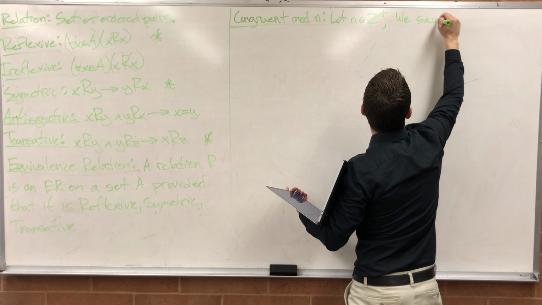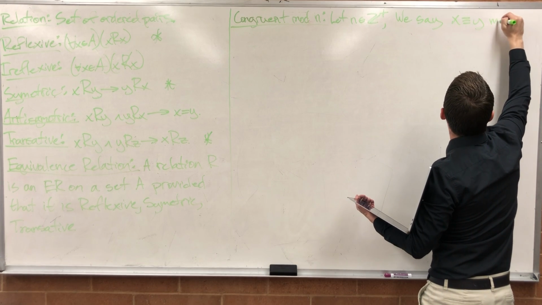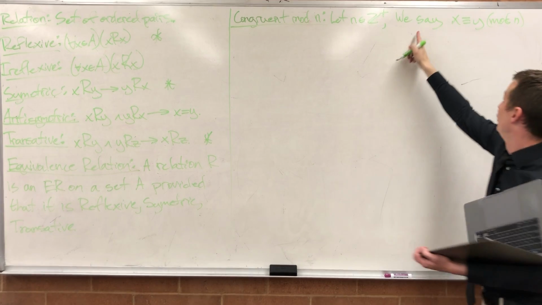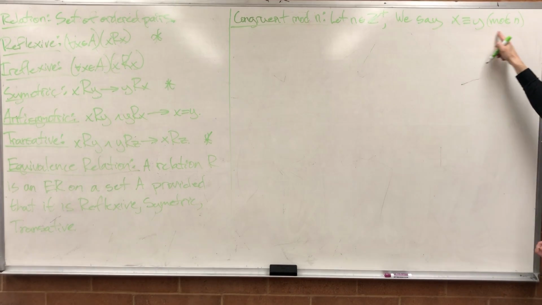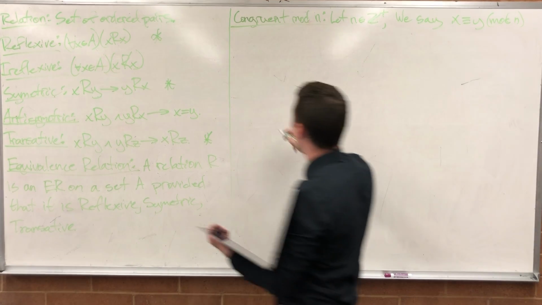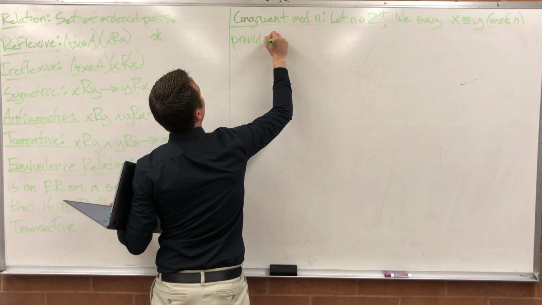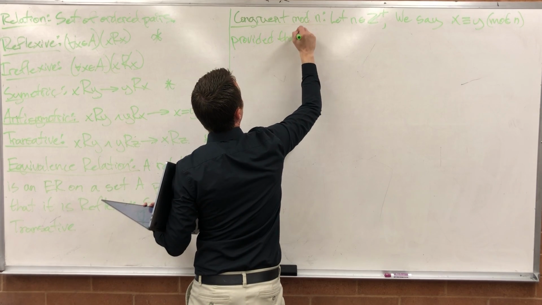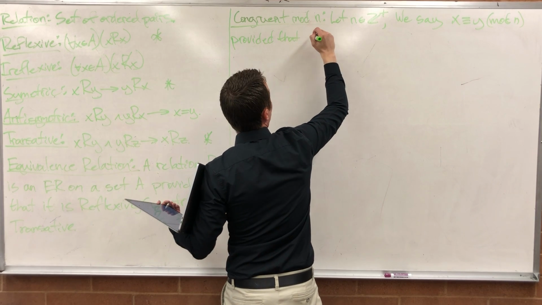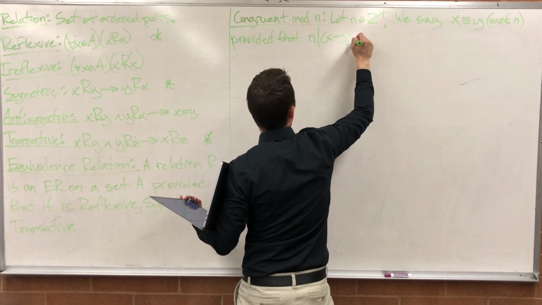We say x is congruent to y mod n, defining a new relation here, provided that n divides x minus y.